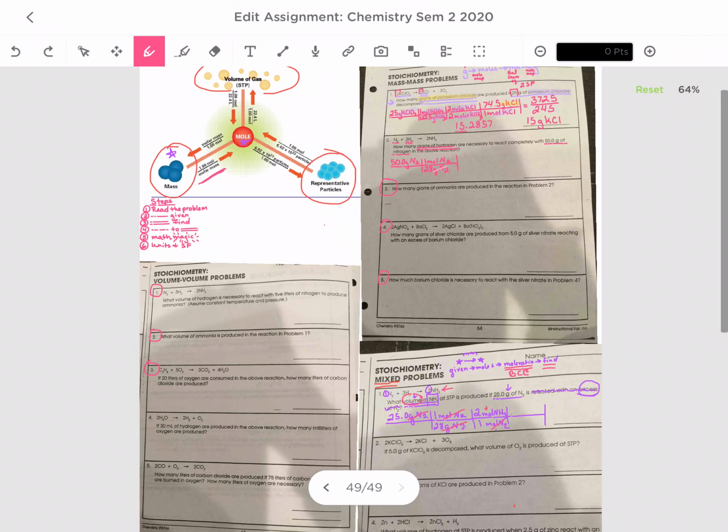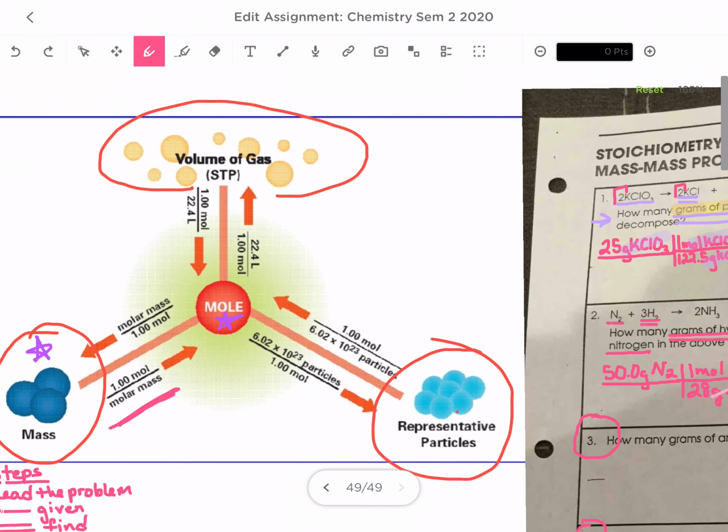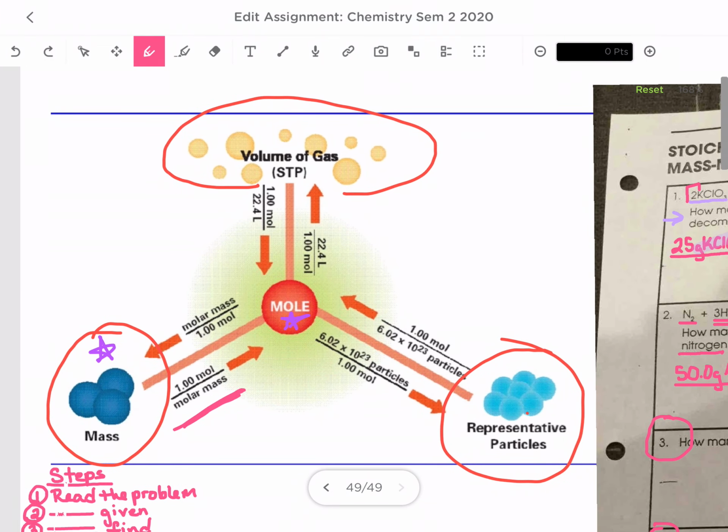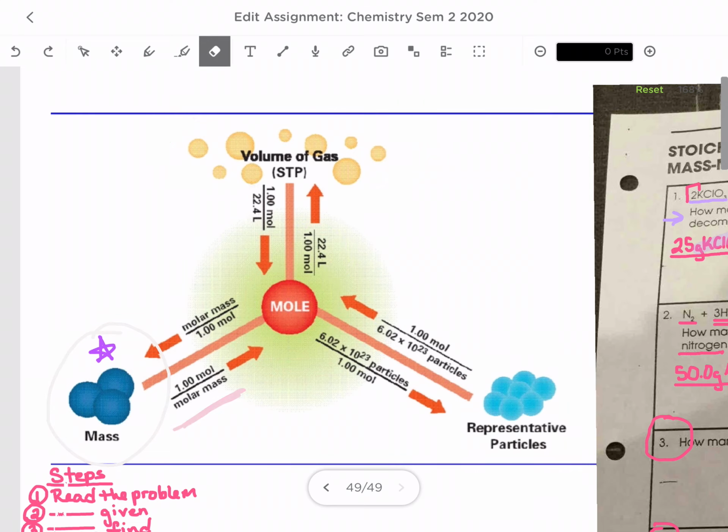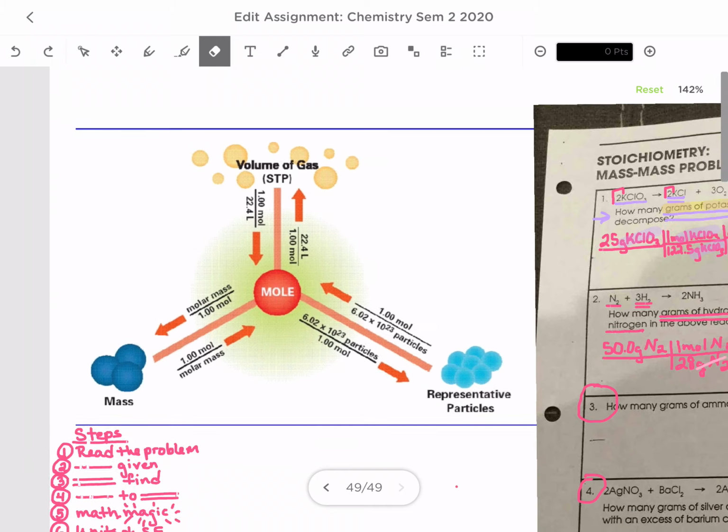So I'm going to look back up here and say, how do I go from mole city to volume city? Well, right there's my conversion factor, 22.4 liters over 1 mole. I'm going to erase this stuff off of here so I don't forget, because I'm almost done with this video. It's going to be a short one.